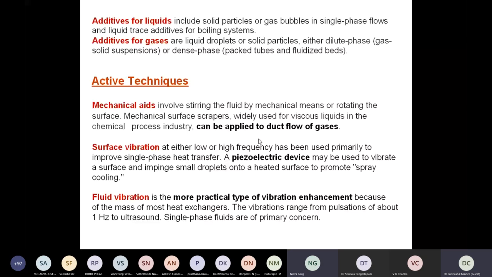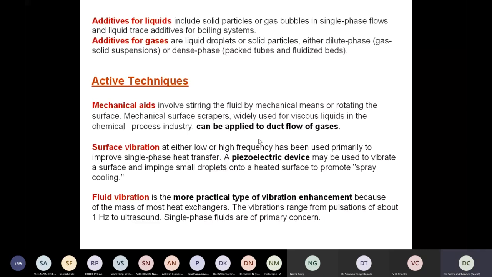Coming back to the basics, why are we concerned about heat transfer enhancement? I just said that if we are able to enhance the heat transfer, then the performance of that device will increase. Or we can think of reducing the size of that device for a given heat load, for a given heat duty, right? So it is ultimately going to affect our design, and for a given design, it is going to affect the performance.